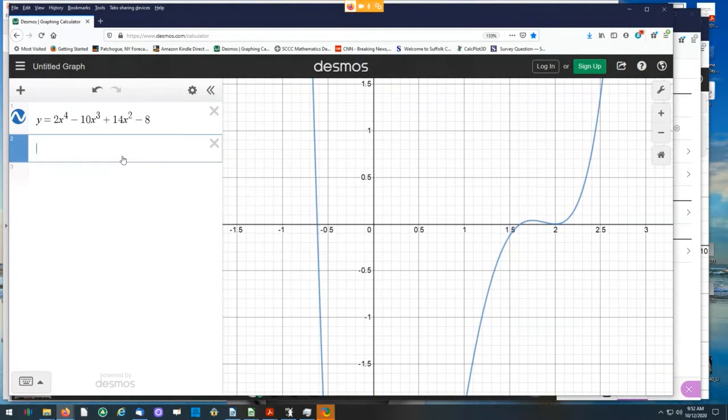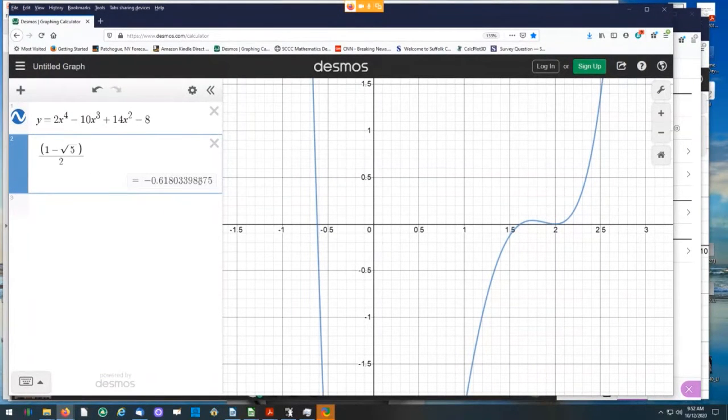So let's plug that in over here and see what we get. So we take 1 minus square root of 5 divided by 2. And there it is, minus 0.618.